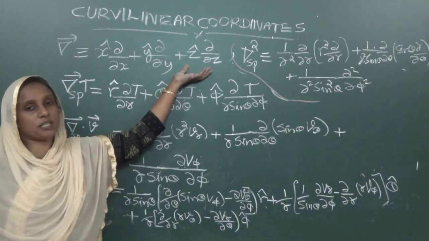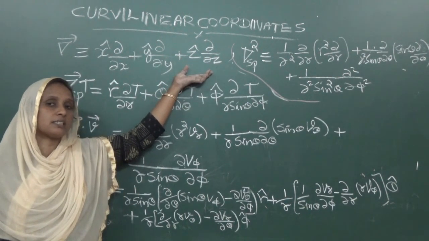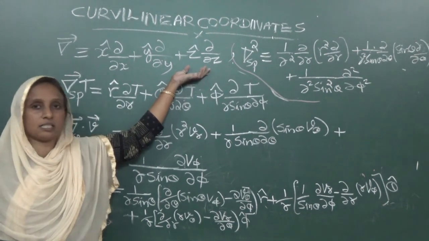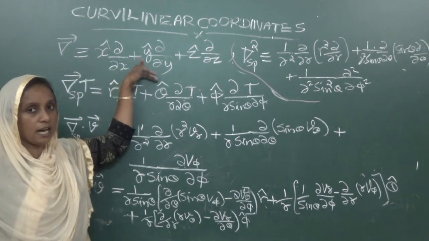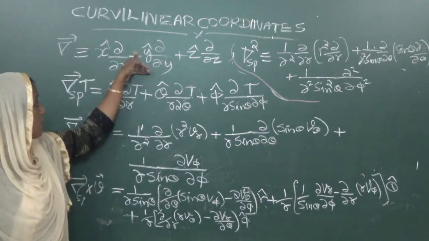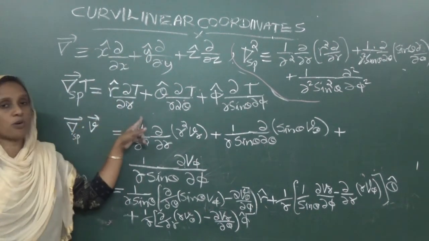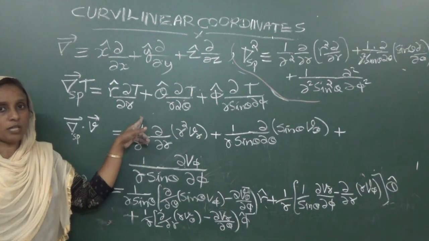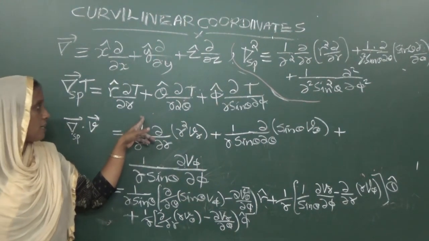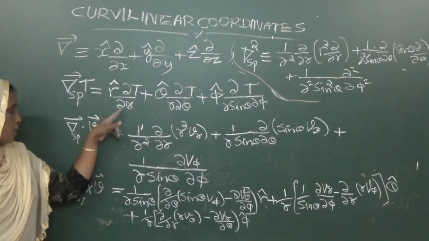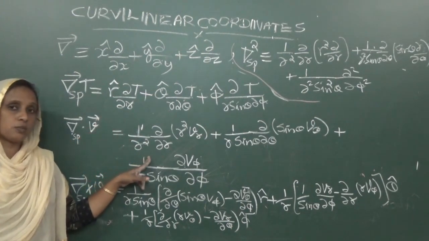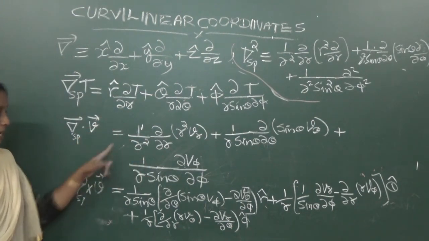Using this operator we learned about gradient, divergence and curl. Now this gradient operator in Cartesian system can be written like this in spherical polar system. Similarly, using this operator in spherical polar system you can find divergence and curl like this.